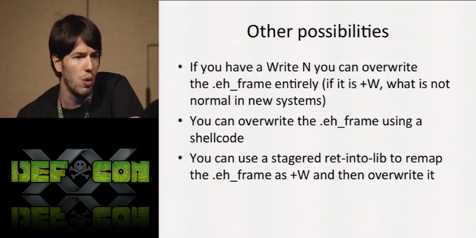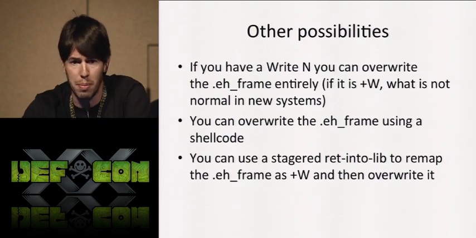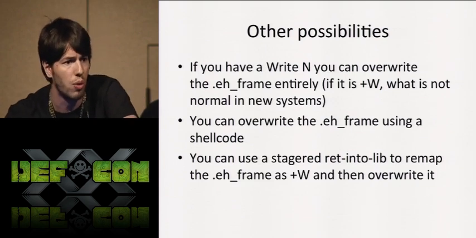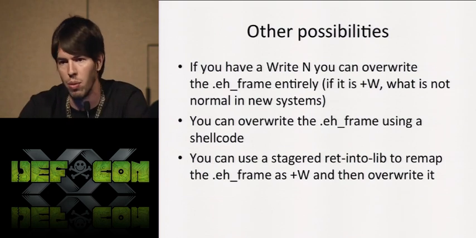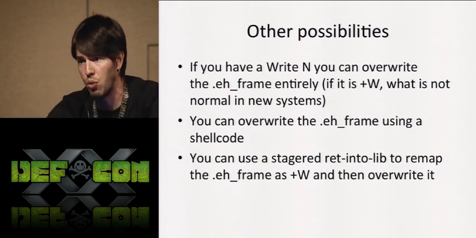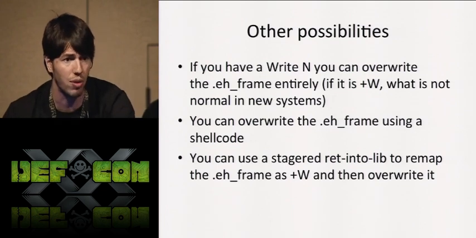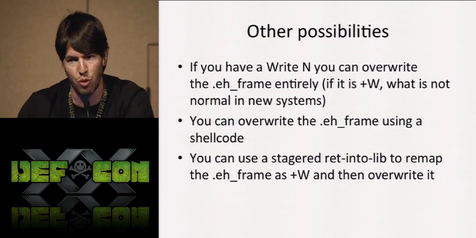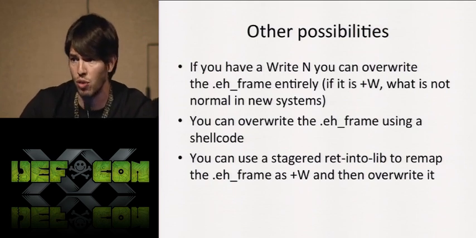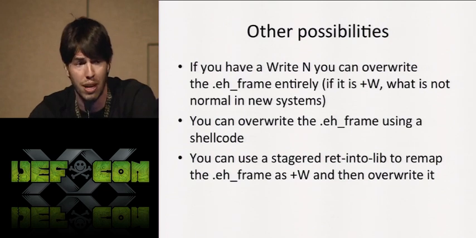You can also use two-stage payloads. For example, you can write a minimalistic shellcode which basically will remark the EH frame as writable again, and then you just overwrite it with your DWARF payload. That might be helpful to avoid filters if you want to do some complex computation on the target and something is being filtered in your shellcode.